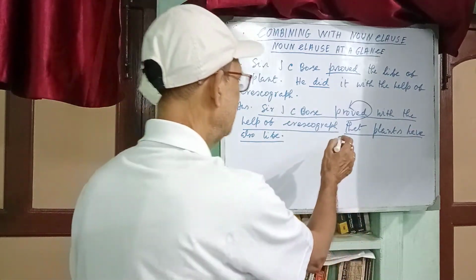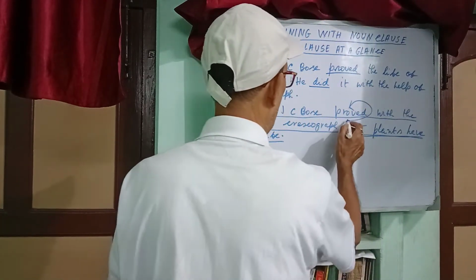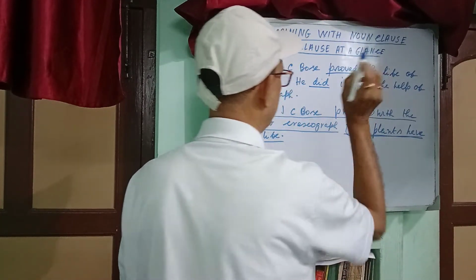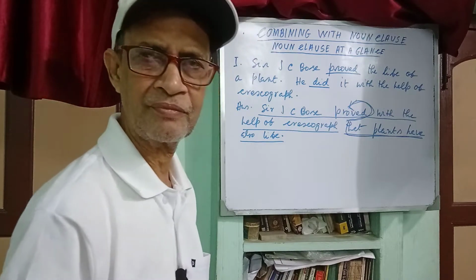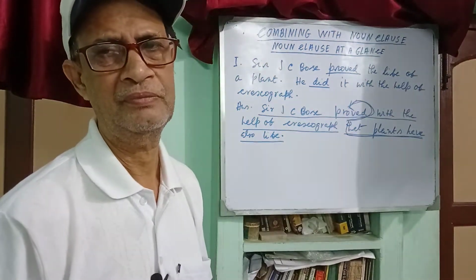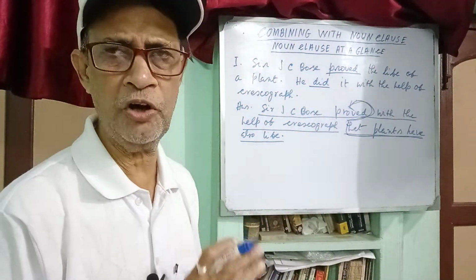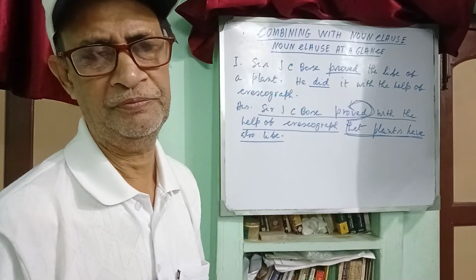So this clause, that is the subordinate clause, is acting as the object to the verb proved. Okay? It can be converted into subject to the verb. Noun clause, subject to the verb.